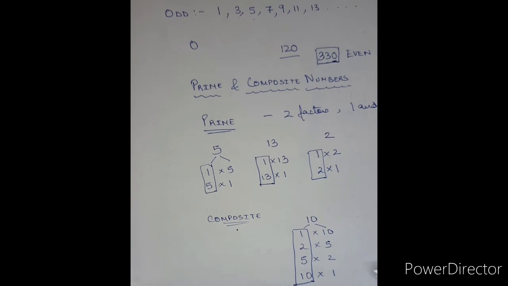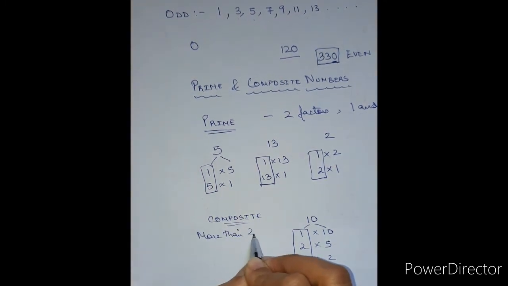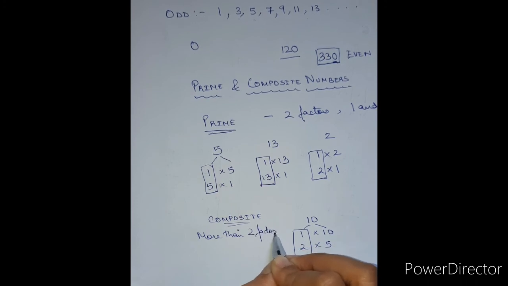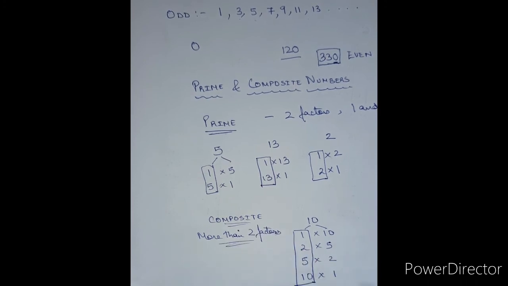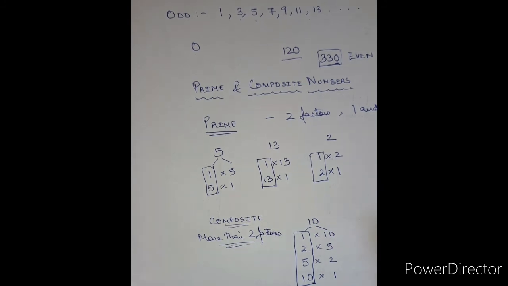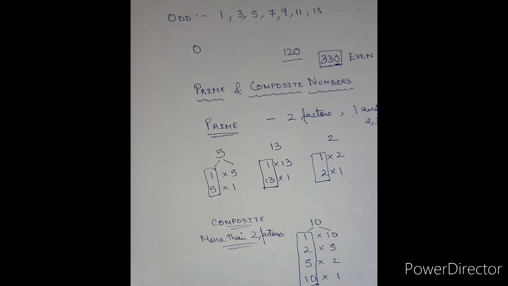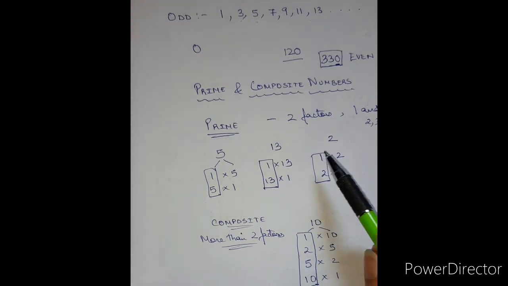More than two factors, they become composite numbers. Now one more thing to remember in prime and composite is that 2 is the only even prime number. All the others are odd numbers. Let's list them down: 2, 3, 5, 7. 2 by itself is the only even prime number.